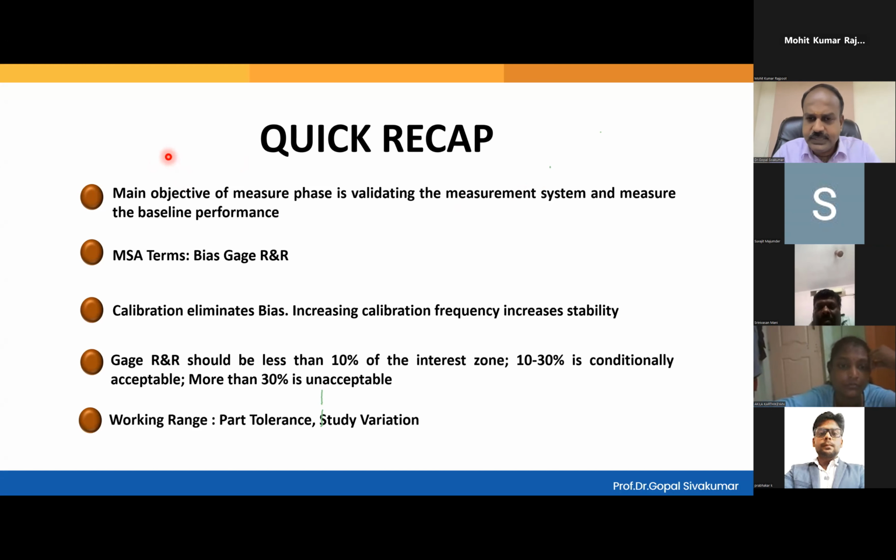If the gauge R and R is less than 10% and your measurement system is well calibrated, that means your bias will automatically be less than 10%. Am I right? If your measurement system is properly calibrated and gauge R and R is also less than 10%, the bias will be less than 10%. Your measurement system will be acceptable. You can collect data. You can calculate baseline.